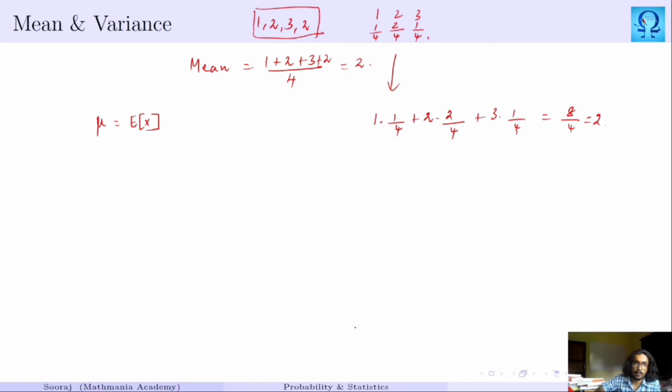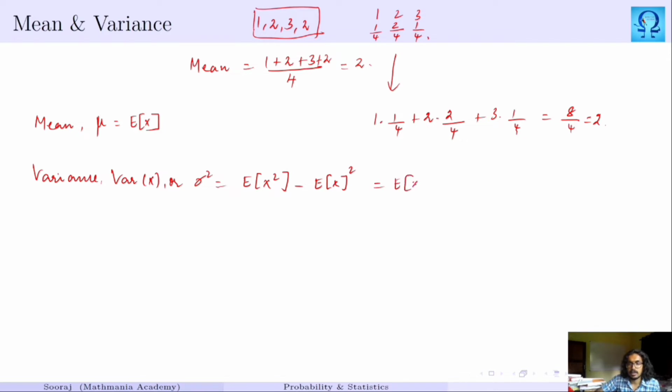Mean is denoted as mu, and variance is denoted as variance of x, or sometimes sigma square, which is expectation of x square minus the square of expectation of x, that is expectation of x square minus mu square. Sigma square is variance, and sigma is known as standard deviation.